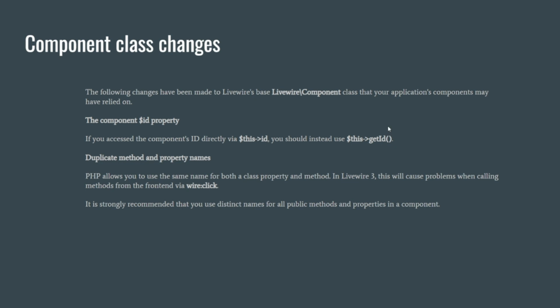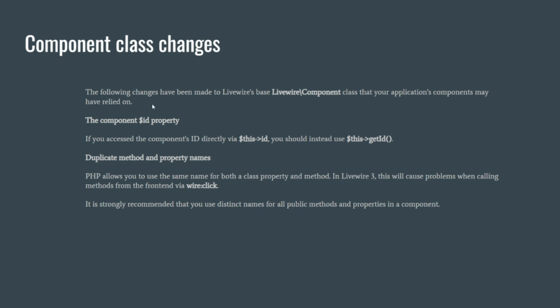Likewise, duplicate method and property names would not work with Livewire version 3. Previously, let's say the class name is Car, and there is a property named fontSize equal to 15. We could also declare another method using the same name, public method fontSize.